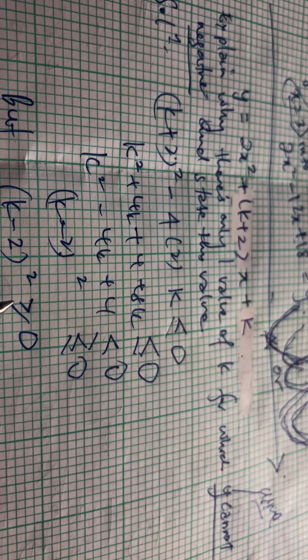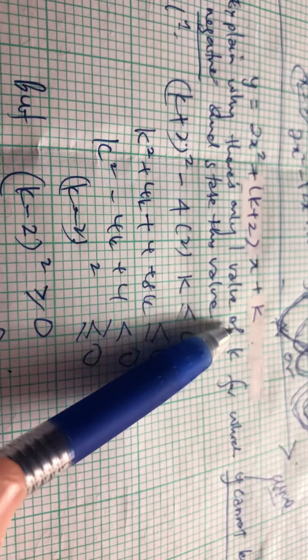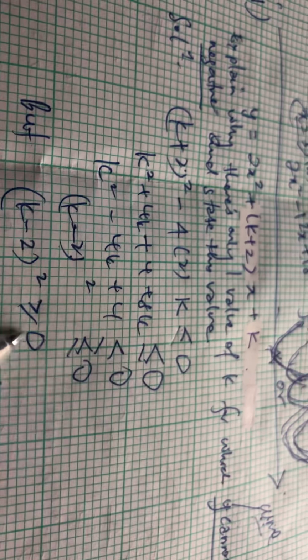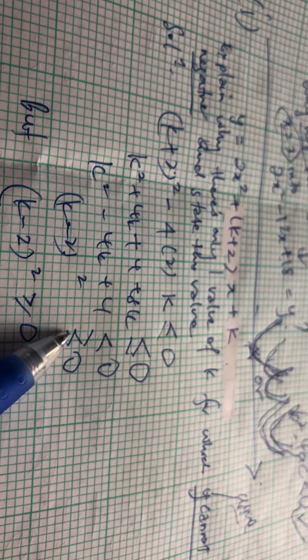That means the lowest value it can have is 0, and that's when k equals 2, right? It cannot be less than 0, but based on what we have done here, it is less than 0. So it contradicts this universal rule, or this fact that we know. So it cannot be less than 0.